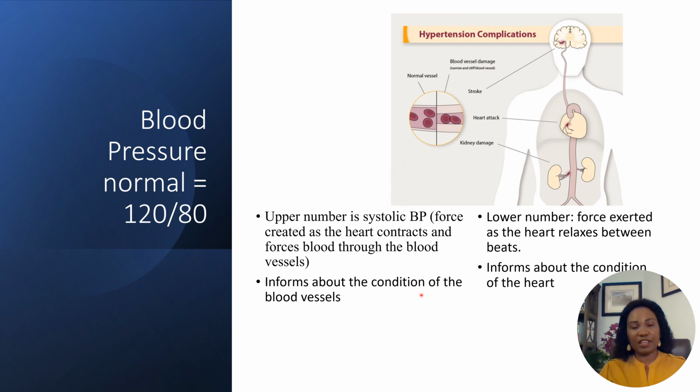Now let me break here and tell you that this system is almost closed-loop. All right, think of it as a closed-loop system. There is blood that is pumped from the heart, and it connects to the blood vessels called the arteries.